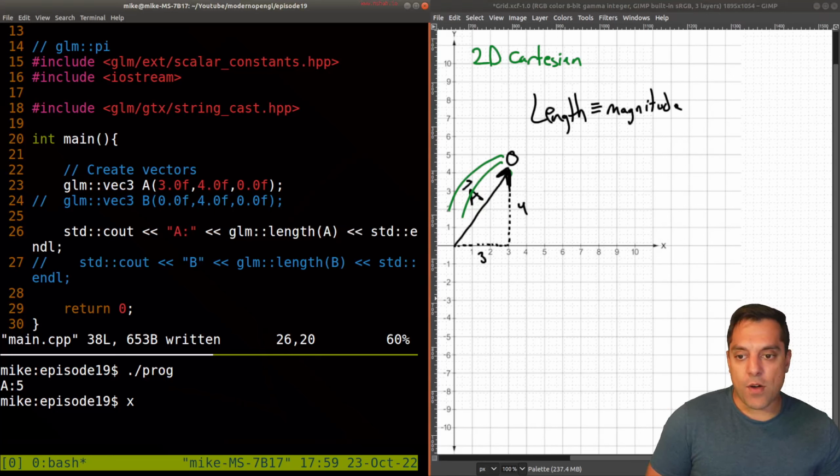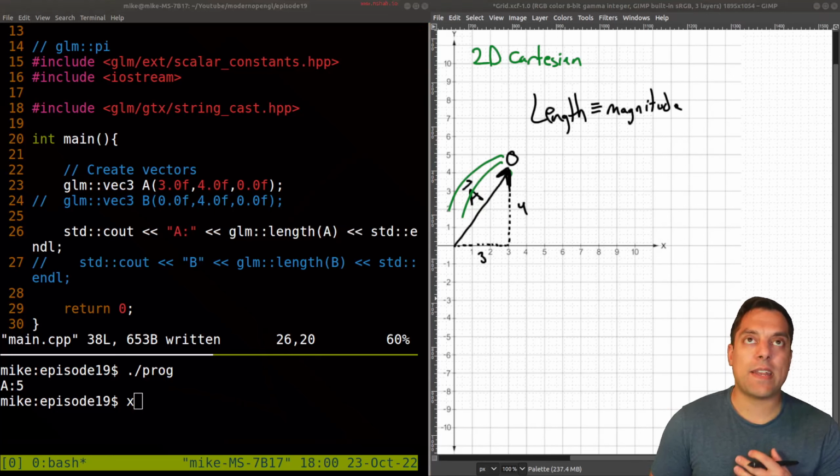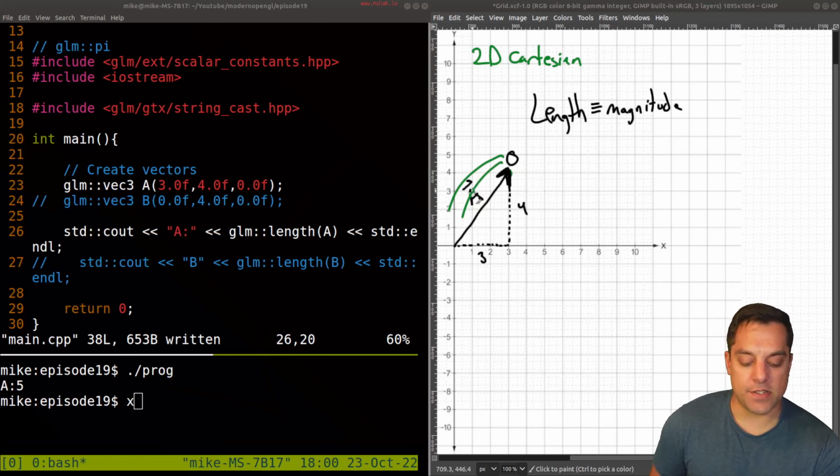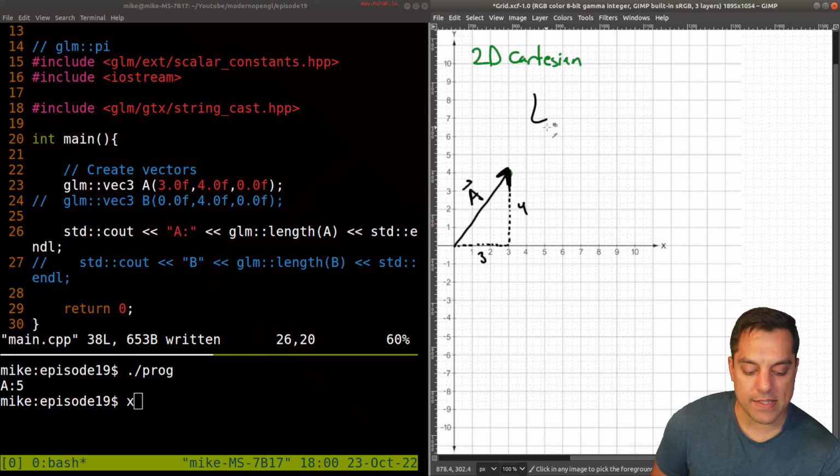Now, something that's important in computer graphics is that we often work with what are called unit vectors. Let me write this term down here: unit vector.